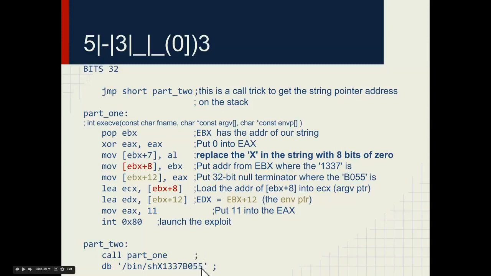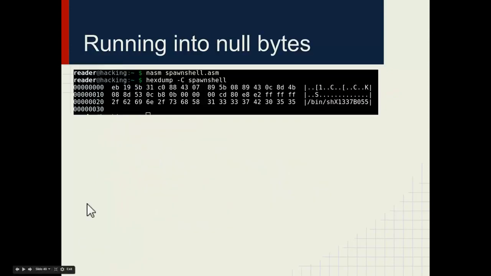So we're using the B055 here twice. We're using it once to terminate the array for ECX, and we're using it again to null terminate the array for EDX. Brilliant. Then we set up EAX to have the appropriate system call number, and we call int 0x80, and that's what will launch. Hopefully you all understand that.